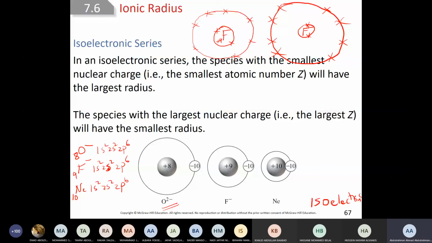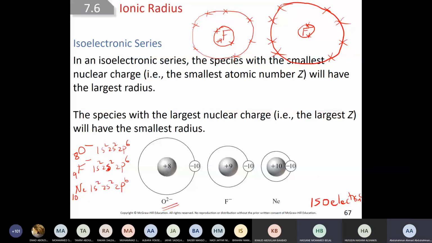Is this clear? Now, which one of these three, ions and one atom, is the biggest and which one is the smallest? The oxygen ion is the biggest. Why is oxygen the biggest? Because we add 2 more electrons.